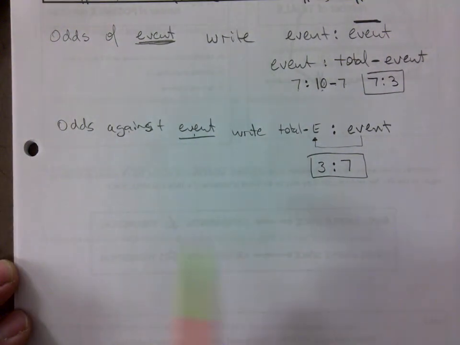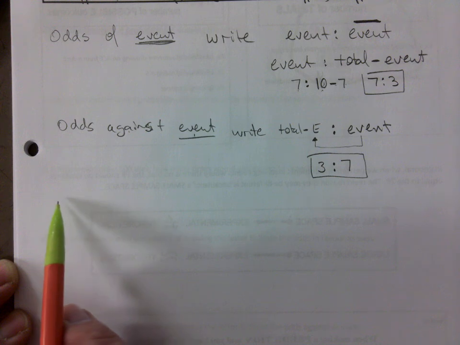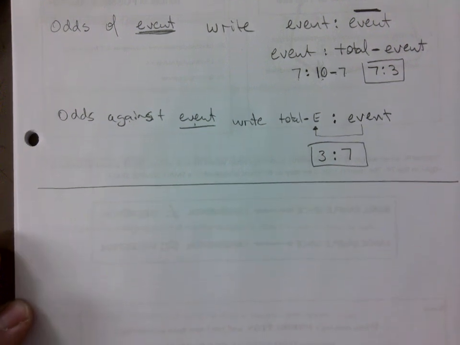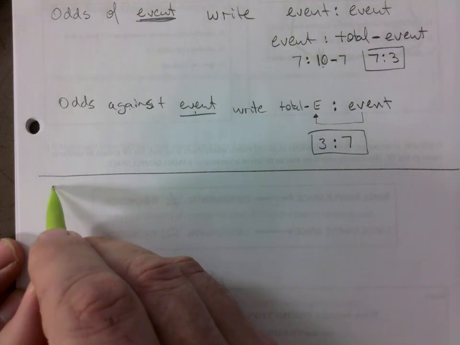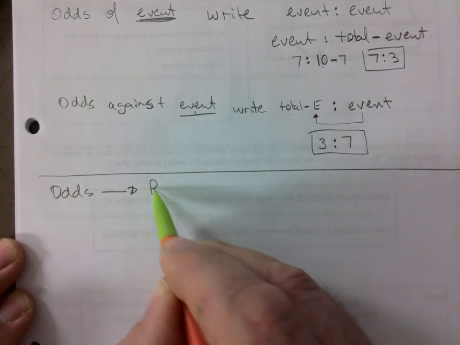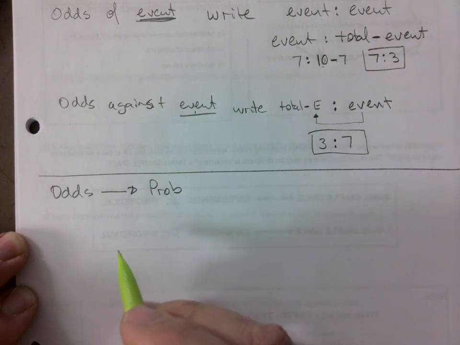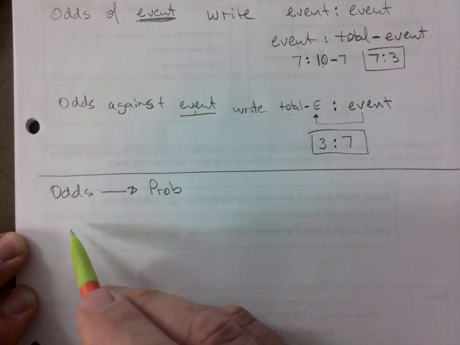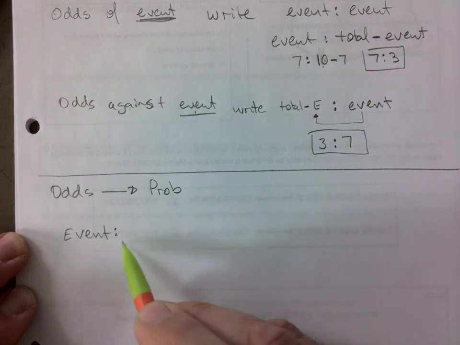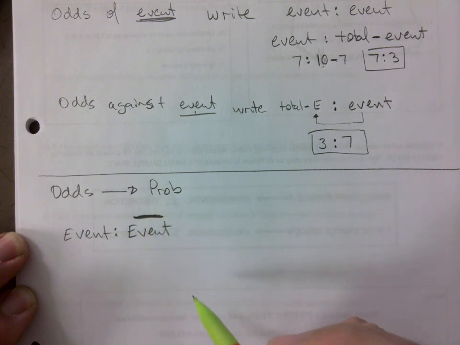Okay, next, this is going to be the other way around, going from odds to probability. Now, from odds to probability. So remember, if you have the odds in favor, then it will be event happening, event not happening.